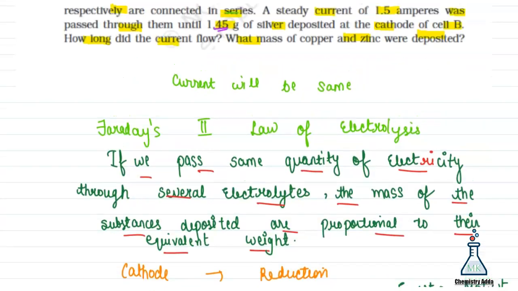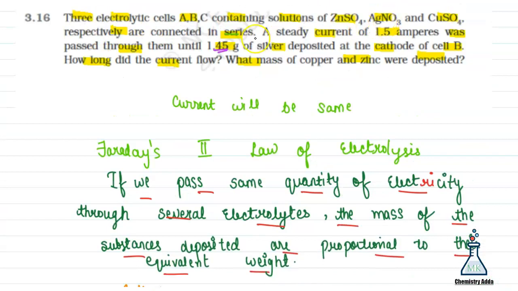Now, the other question being asked is how long did the current flow? We have now calculated the mass of copper deposited and the mass of zinc deposited. The only thing left is to find the duration of current flow.